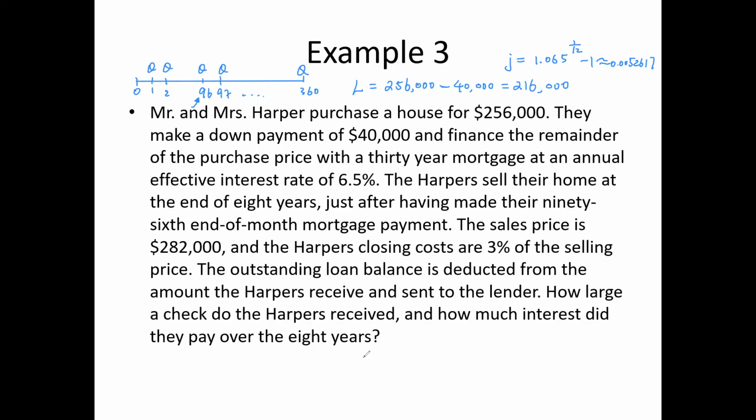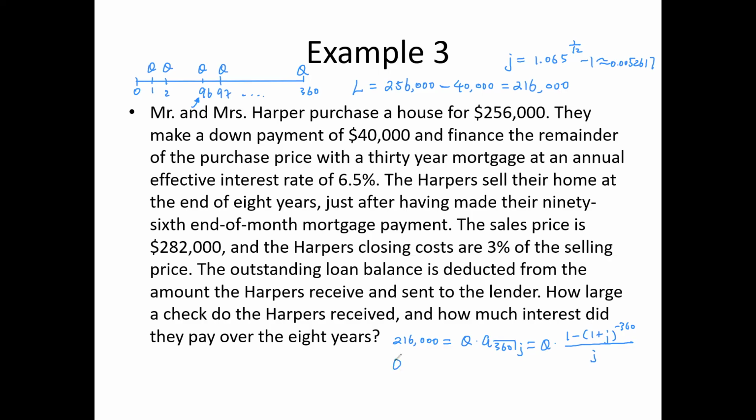Okay, so let's figure out Q. Use this equation: 216,000, this is the loan amount, equals Q, which is the payment per month, times a sub 360 at monthly rate J, which is Q times (1 minus (1 plus J) to the negative 360) over J.